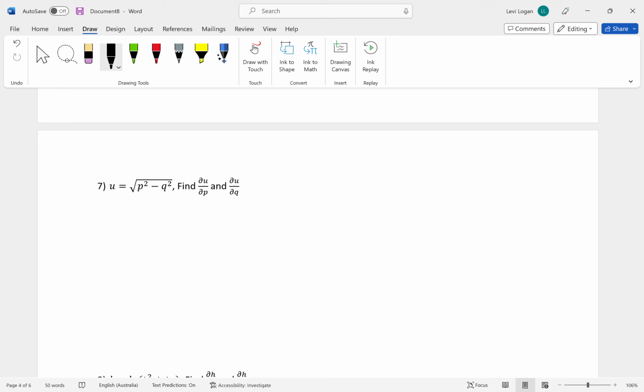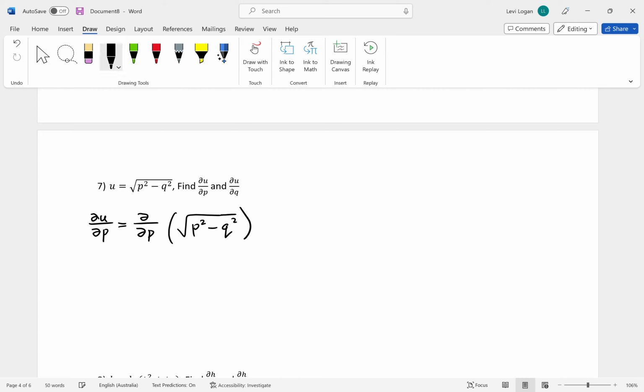Alright, so find the partial derivative of u with respect to p. Delta u over delta p differentiates the whole thing with respect to p. They've used p's and q's to confuse you, but this is no more than just a simple calculus problem.